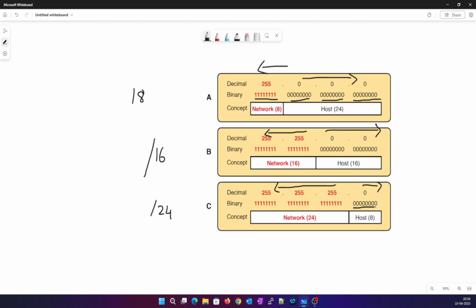So all zeros make the host bits in all the classes. Whenever there are ones, the computing device considers those bits as the network bit or subnet bit. The rest of this 32-bit IP address would be zeros, and all those zeros would be considered as the host bits.